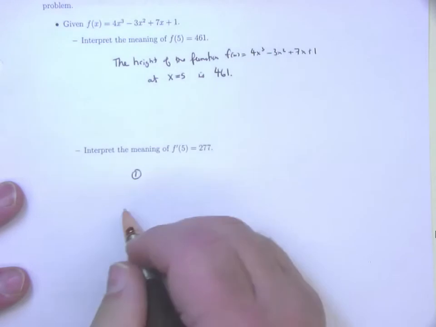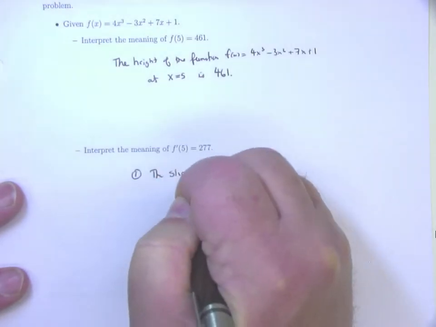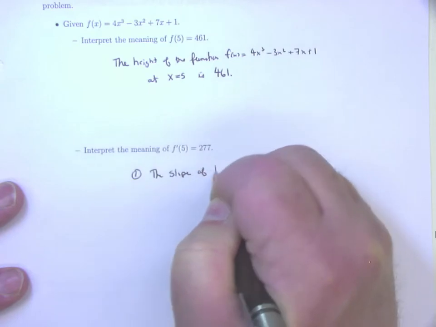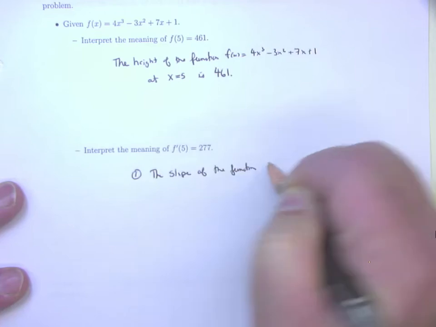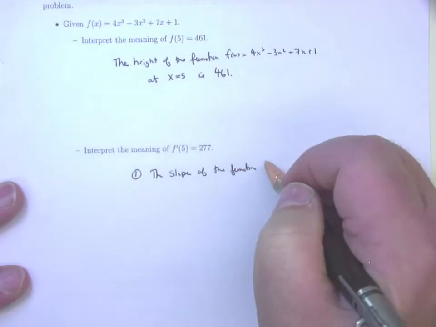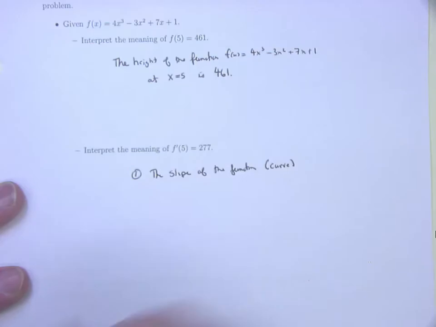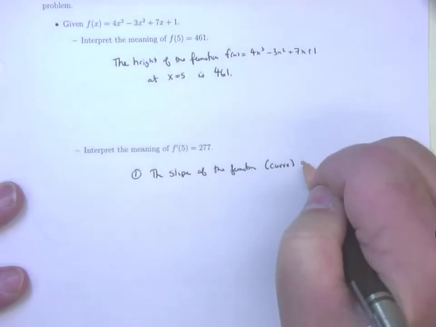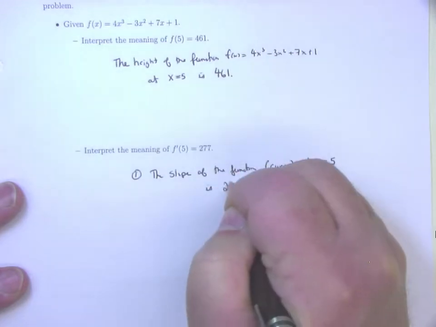The first one is the slope of the function curve at x equals 5 is 277.